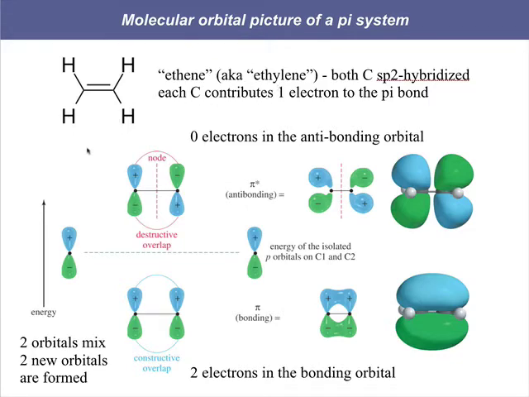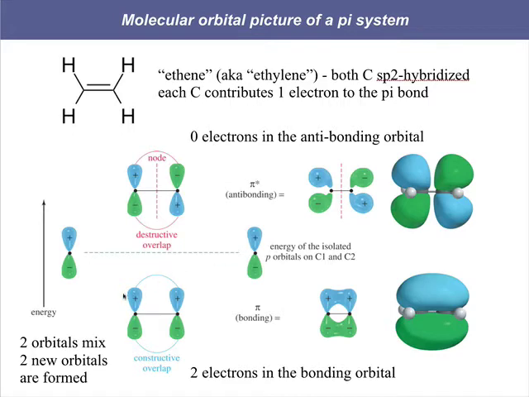So here's a picture. This should look somewhat familiar to you. This is the molecular orbital picture of the pi system. Again, we're kind of ignoring the sigma system, just looking at the pi system. If we have 1 p orbital from the carbon on the left and 1 p orbital from the carbon on the right, 2 orbitals mixing should produce 2 new orbitals.